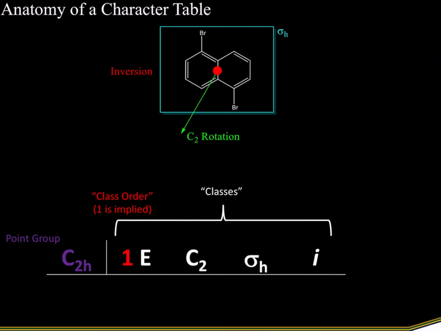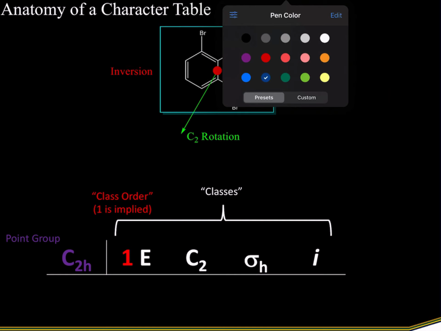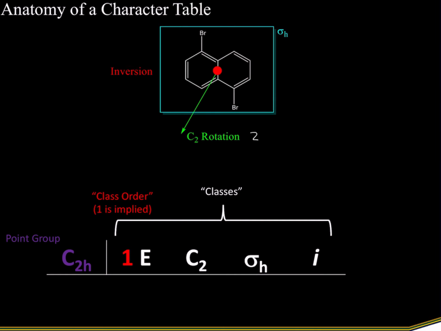All right, so hopefully, as you were able to piece this together, you found that there are only a couple of symmetry operations present in this dibromonaphthalene compound. It has a C2 principal rotation axis, and this is currently sticking out of the drawing surface, so this is my Z axis as drawn. The general notation for symmetry operations is that our principal rotation is placed along the Z axis.